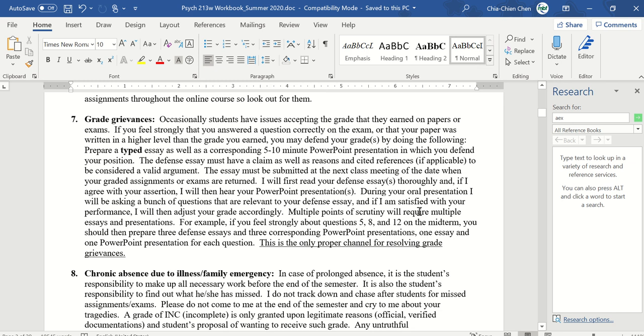Now, grade grievances. Occasionally students have issues accepting the grades that they earned on the paper or exams, which I understand because there are discrepancies of opinion. So if you really feel that you answered some questions correctly on the exam, or that the paper was written at a higher level than the grade that you earned, you should defend your grade by doing the following.